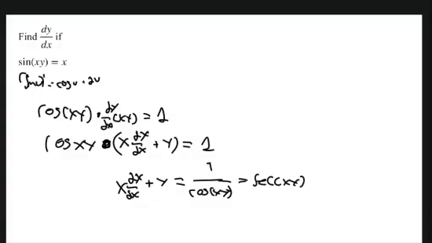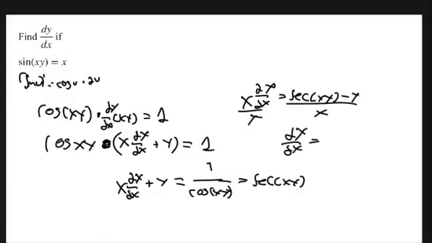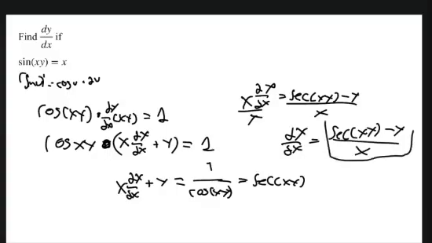And then we can subtract y, and then we can divide by x after. So the final answer is (secant xy minus y) all over x. This is a really nice example because it uses both the chain rule and the product rule together.